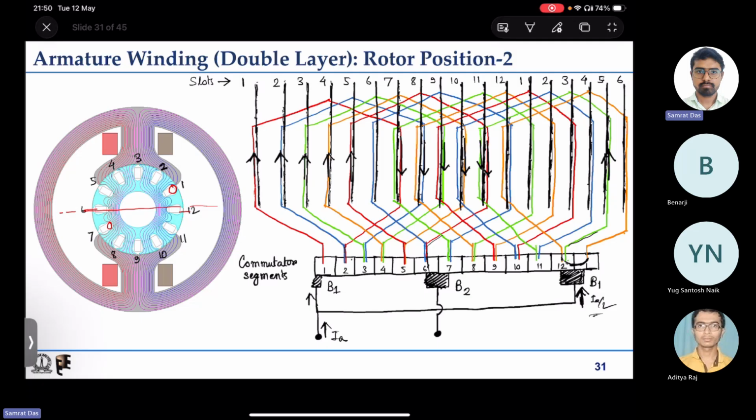Okay, so this current is here, so it has to flow to this green one only.